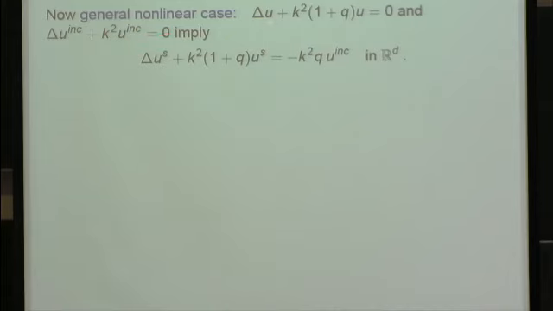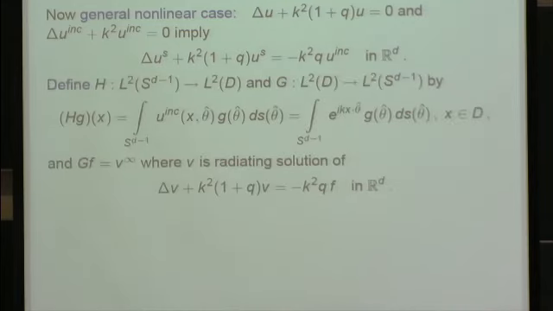So then you see that if you split U into the incident field and the scattered field, the scattered field now satisfies an inhomogeneous differential equation, where k squared q times the incident field serves as the source term there. You see that immediately.